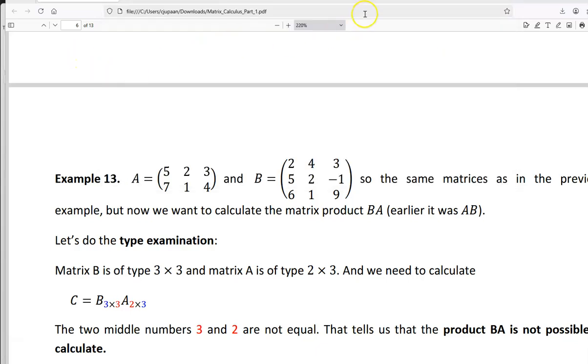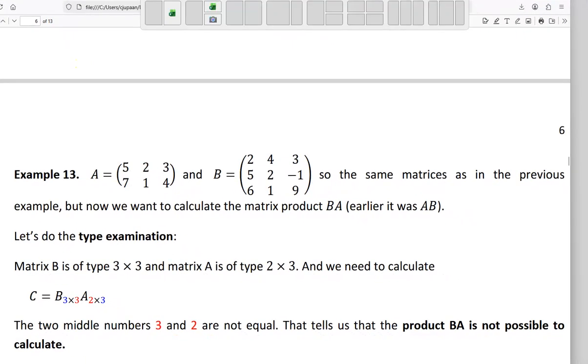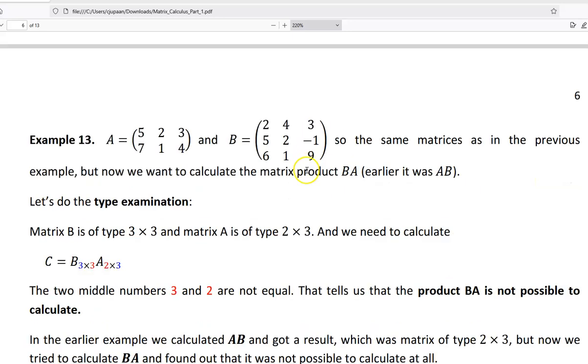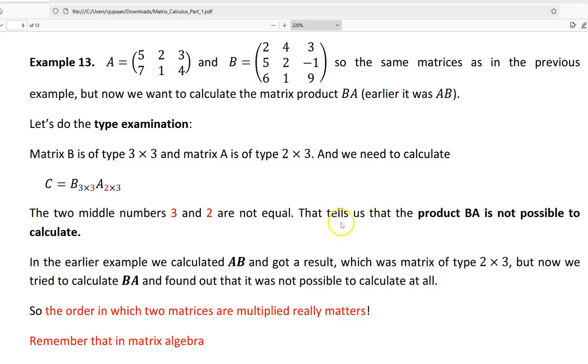So here in this example I did this example 13 already, because I tried to calculate that matrix multiplication in different order, and it was not possible, because those middle numbers of those types were not equal.